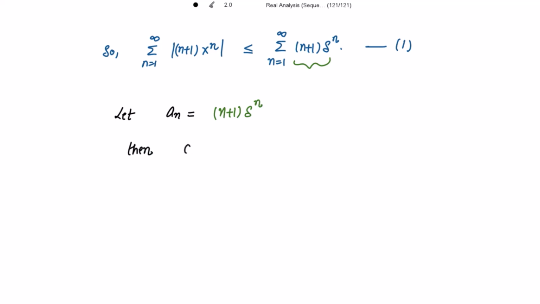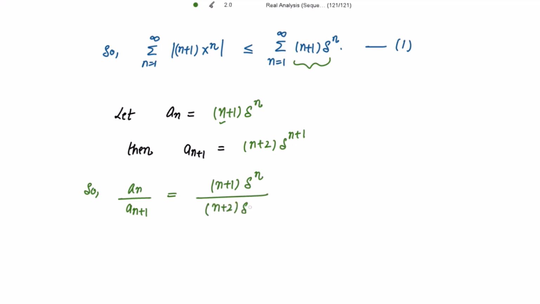Then an plus 1 becomes, just replacing n by n plus 1, n plus 2 into delta to the power n plus 1. Now we need to find the ratio an divided by an plus 1. That is equal to n plus 1 into delta to the power n divided by n plus 2 into delta to the power n plus 1.